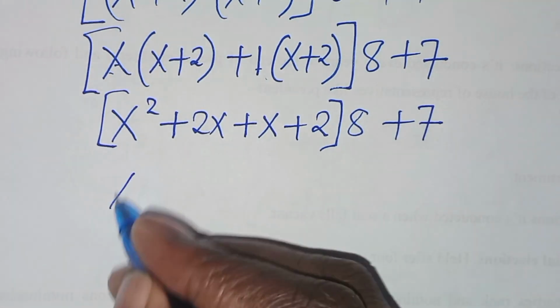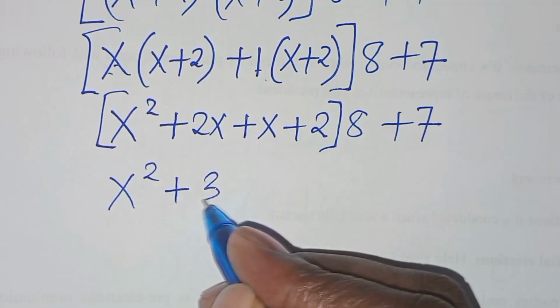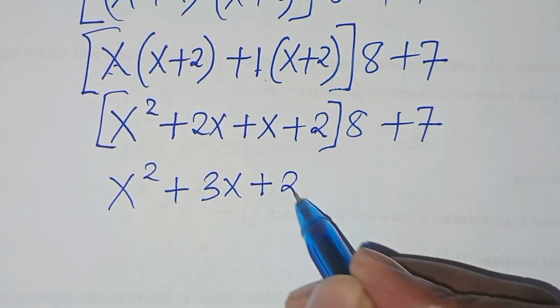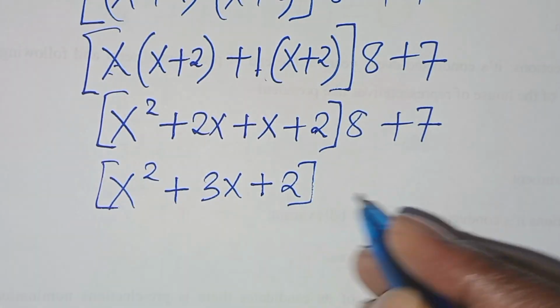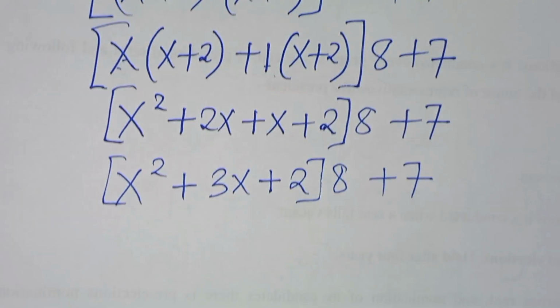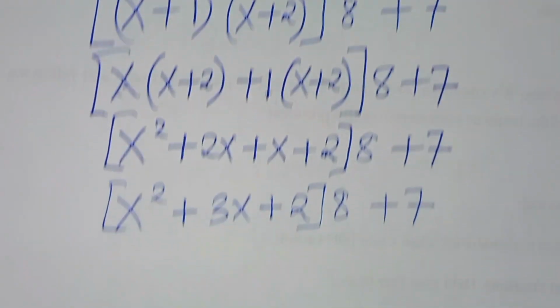So this is x squared plus 2x plus x, this is 3x, then plus 2, then everything here multiplied by 8, then plus 7. Now, but x here is equal to 48, so let's substitute here.